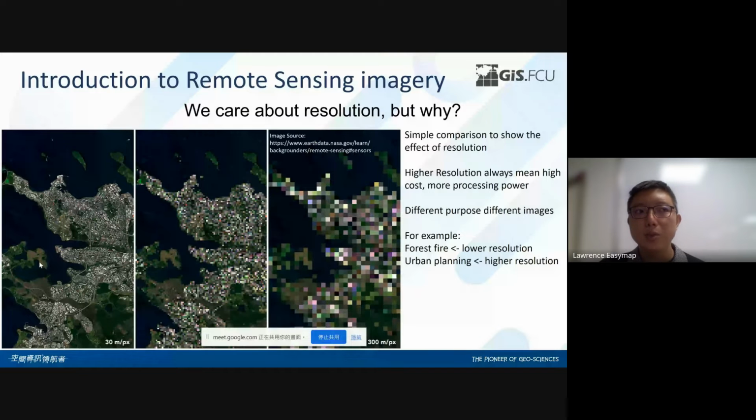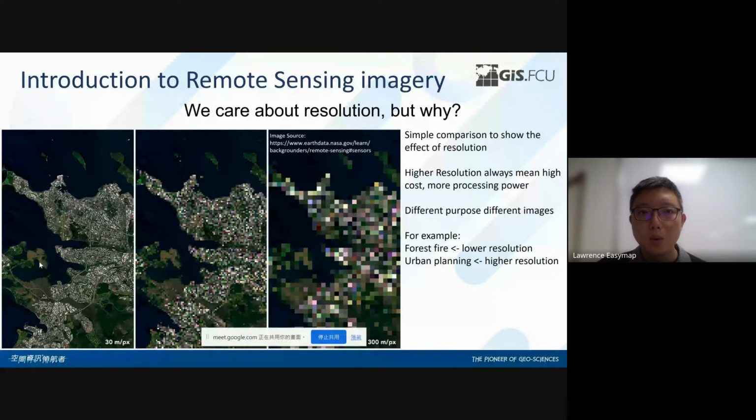It is in terms of several kilometers, or even tens or maybe hundreds of kilometers. Therefore, a relatively lower resolution satellite image may already be good enough for such a task. But for urban planning, or some even more detailed surveillance mission, a high resolution satellite image may be a good tool for us.